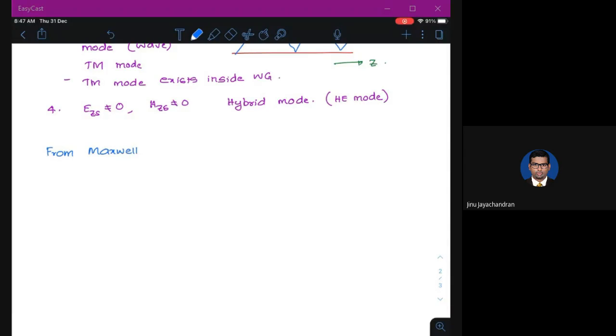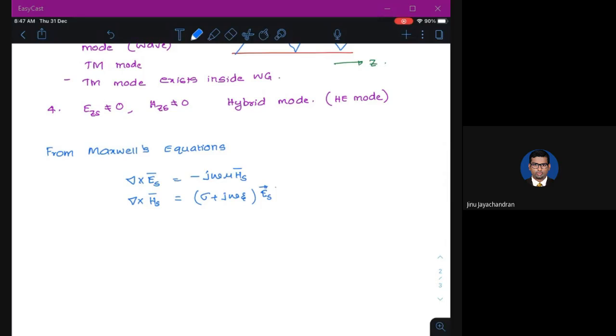Okay. So from Maxwell's equations, you have del cross Es, looking at the phasor, is equal to minus j omega mu Hs. Also, del cross Hs is equal to sigma plus j omega epsilon into Es.